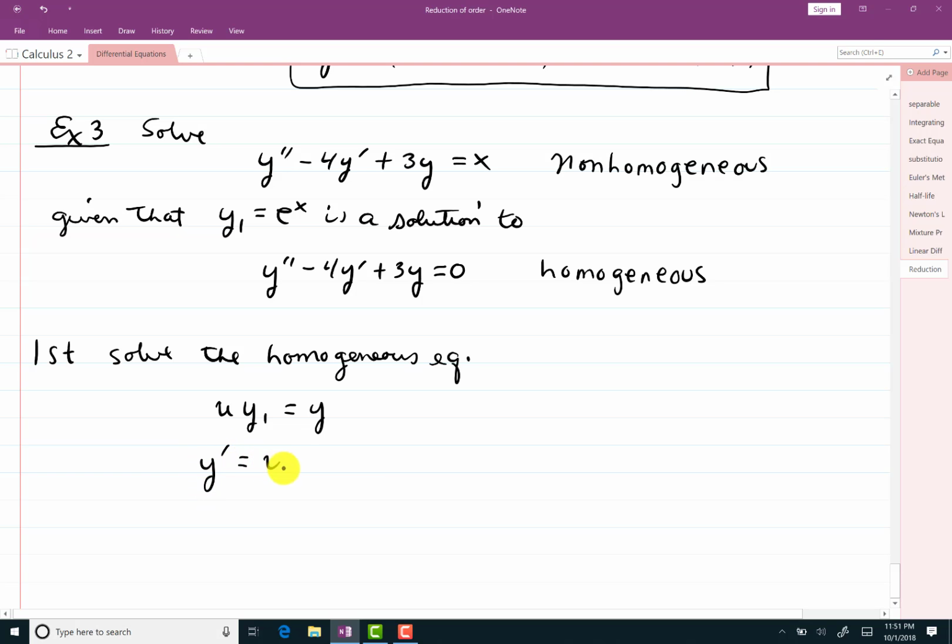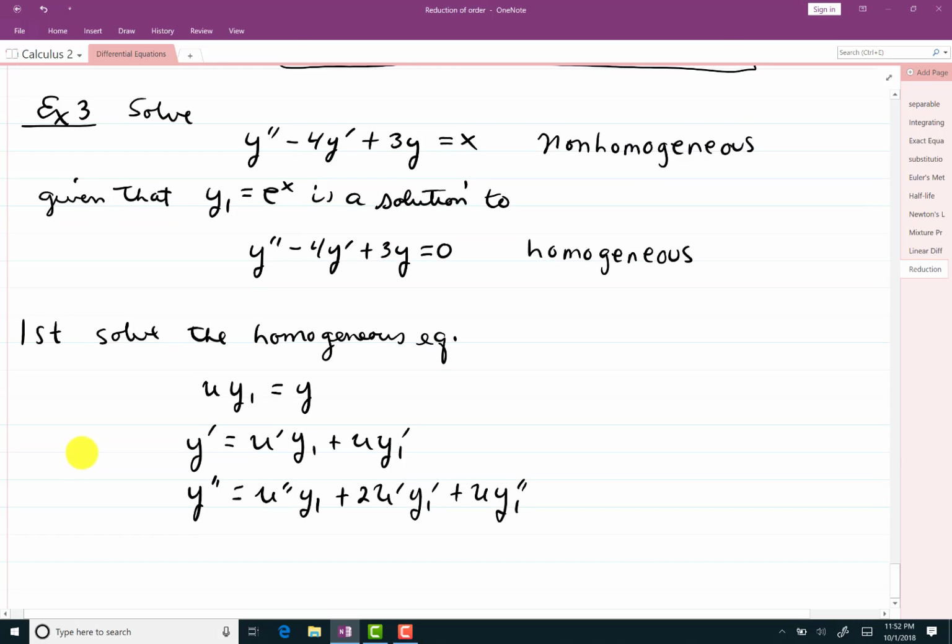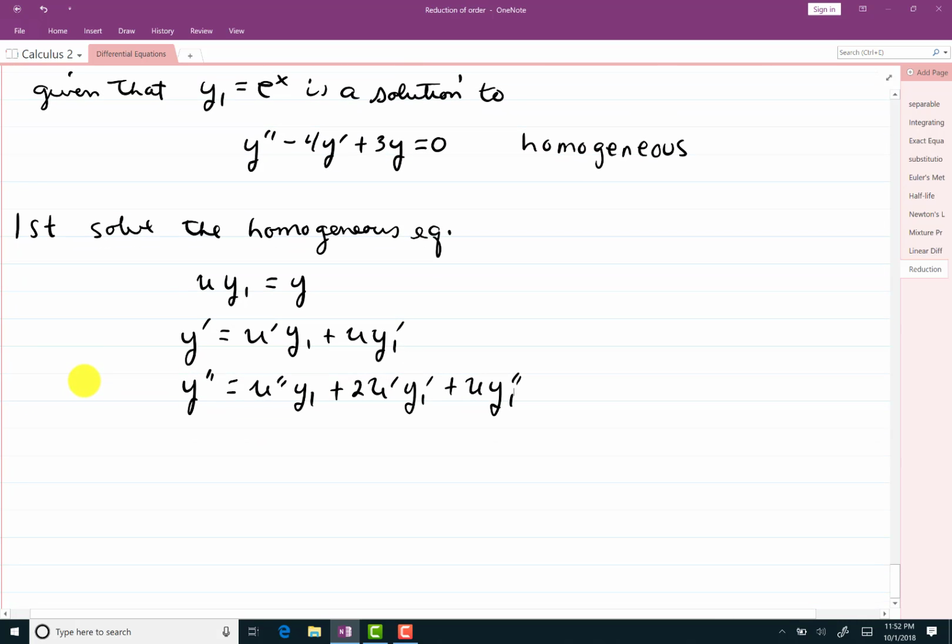Y prime equals u prime y1 plus u y1 prime. Y double prime equals u double prime y1 plus 2u prime y1 prime plus u y1 double prime. And we know that e to the x is what I'm going to be plugging in for y1. Well, these are easy then, isn't it?